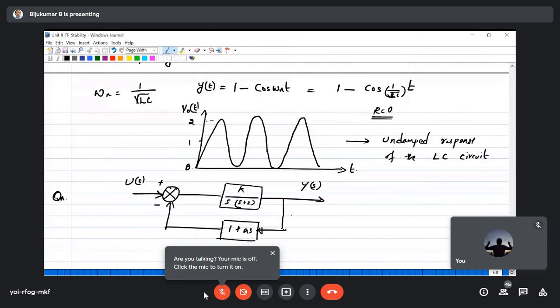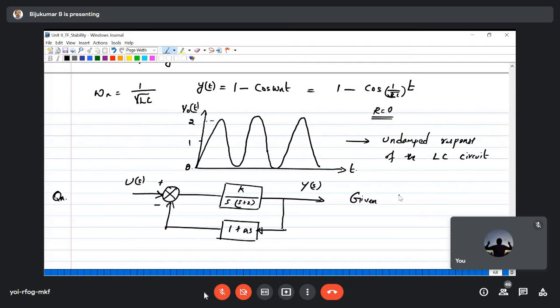Okay, now the question is: given the damping ratio of the system is 0.7 and the natural frequency of oscillation is 4 radians per second, we have to find the value of K and A. Can you do it?